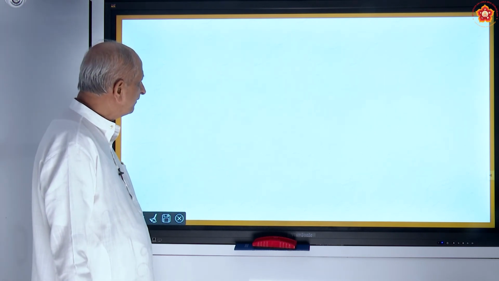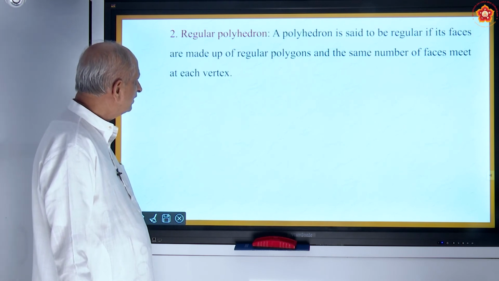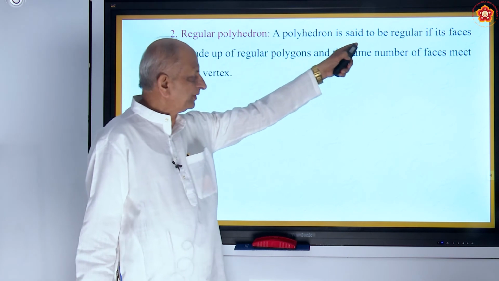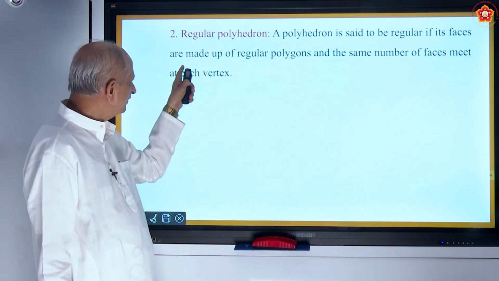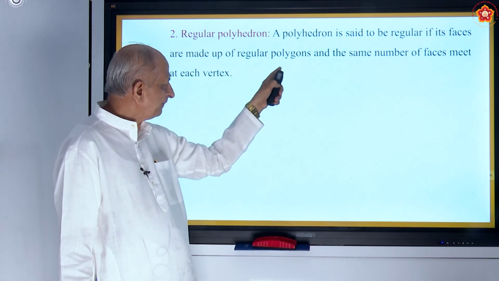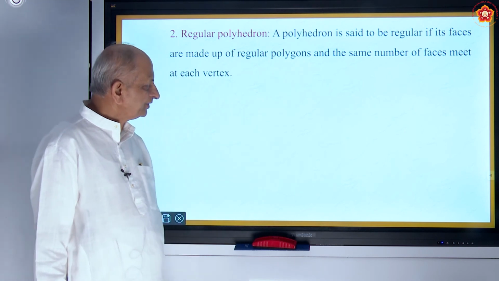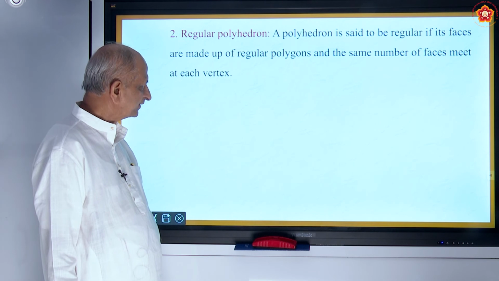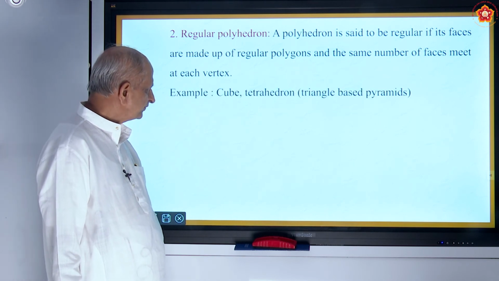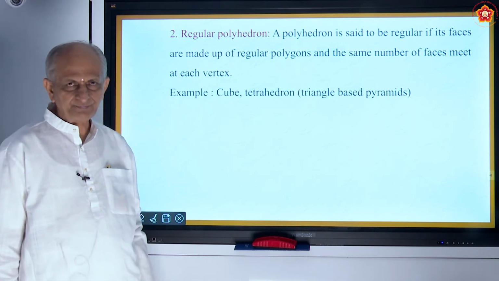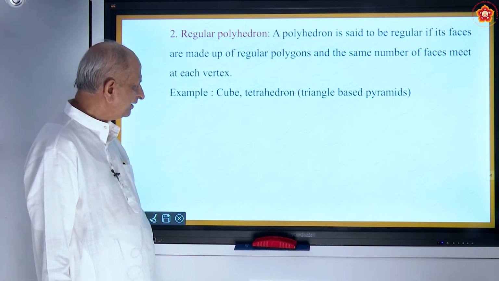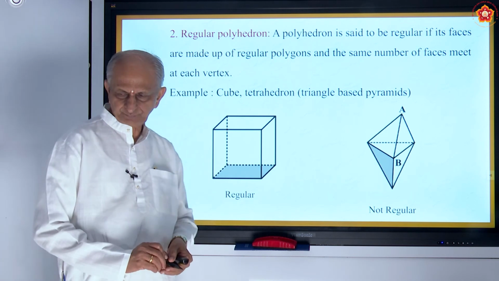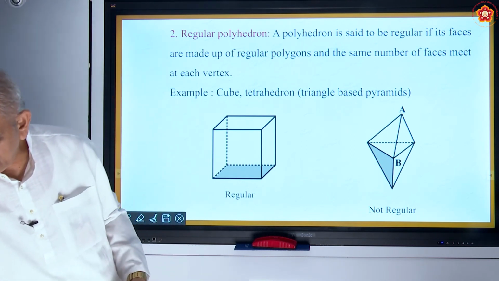And one more type of polyhedron is called a regular polyhedron. A polyhedron is said to be regular if its faces are made up of regular polygons and the same number of faces meet at each vertex. For example, cube, tetrahedron, etc. So cube is called regular.